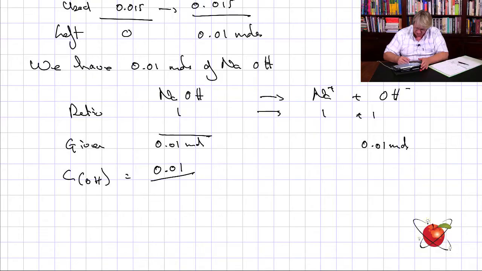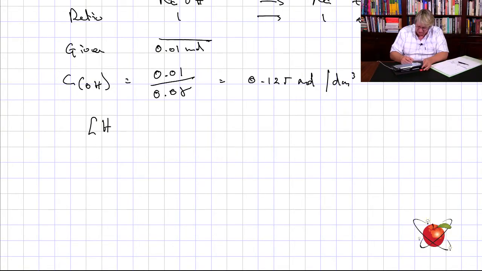Because we had 50, now we've added 30 mL of the acid, right? So we're into 80 mL, which is 0.08 decimeters cubed, which is going to be equal to 0.125 moles per cubic decimeter. That is the concentration of the OH.